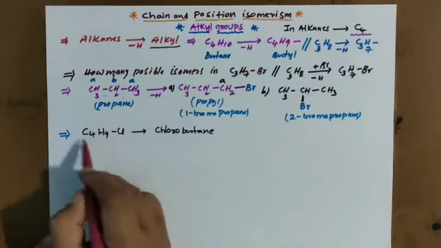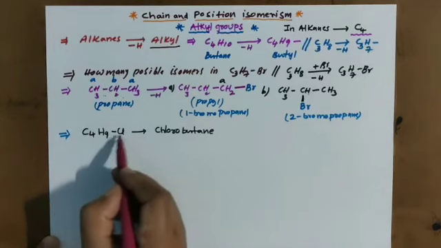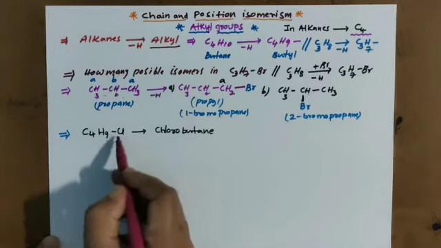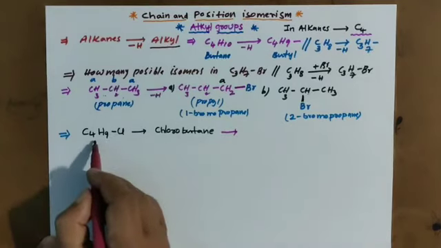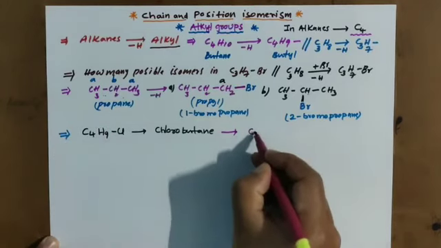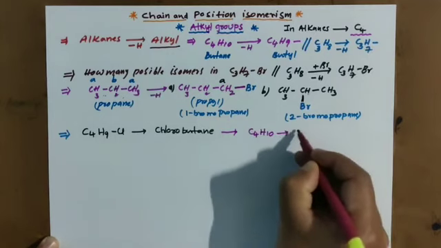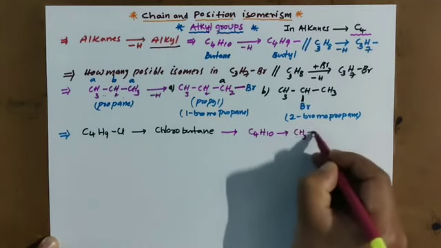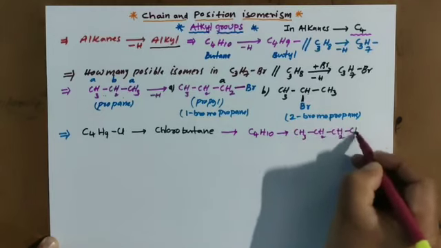Whenever a mono-substituted compound like this is given, with 1 chlorine substituted here, first you have to write the respective alkane. What is the alkane here? Butane, which came from C4H10. The chain I am writing: CH3, CH2, CH2, CH3.